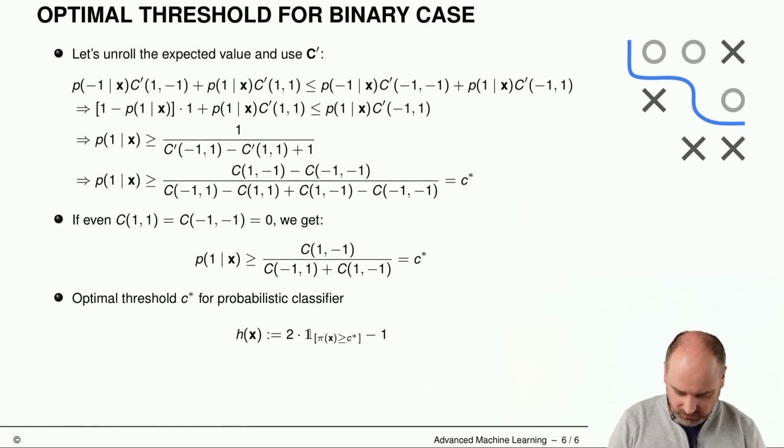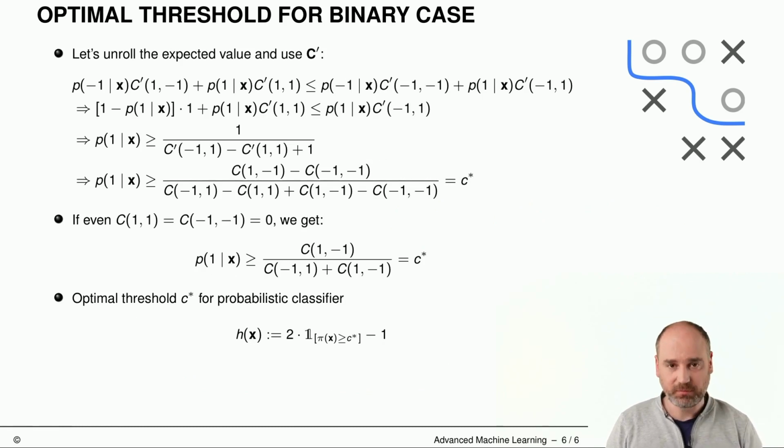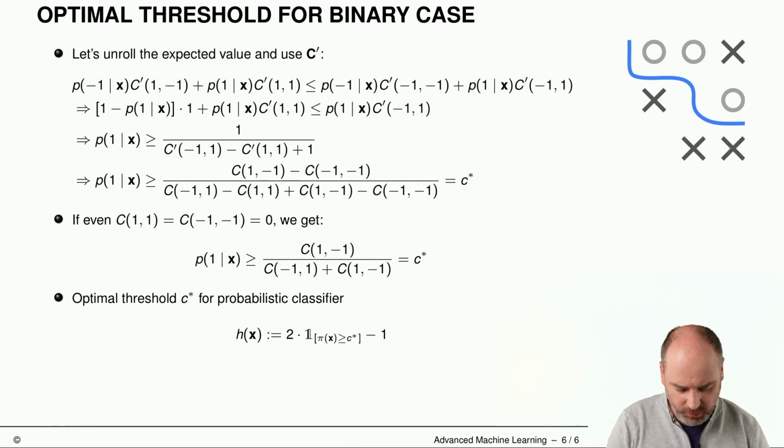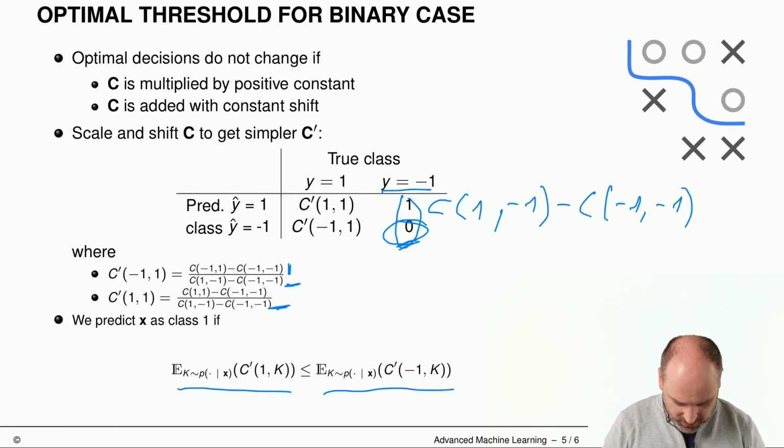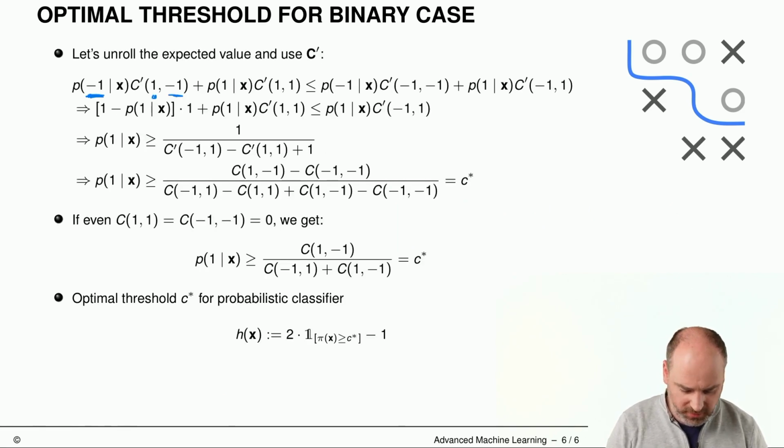Now, we'll just write down our formula for this, and then plug in C dash. So how would that look? We have to marginalize over our true classes. There are just two. We could be in the negative class, and we multiply this with the costs that we are in the negative class but predict the positive one. We're here in this left case, right? We want to compute the expected costs for the positive class.